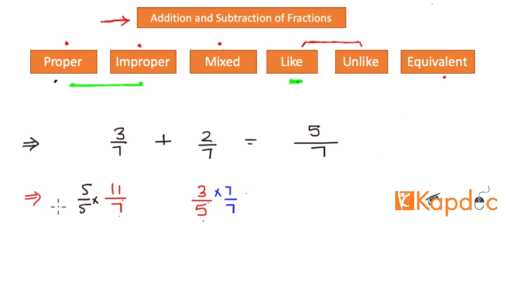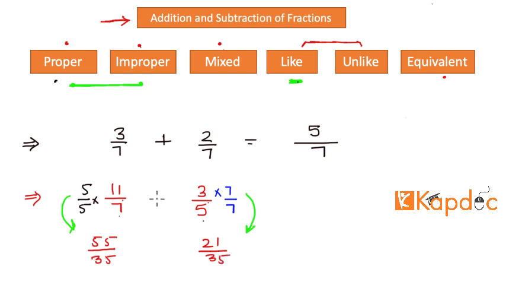Okay, and now you are converting these two fractions into their equivalent form. What you will get is fraction 1 becomes 11 times 5 is 55, and the denominator is 35, right? And likewise, fraction 2 will become 21/35, right? Now you have the same denominator, okay?